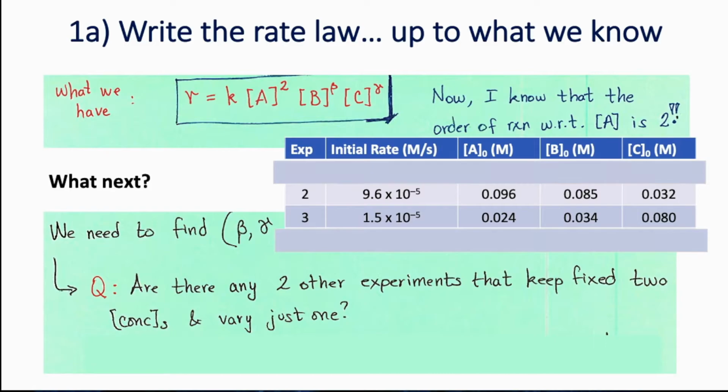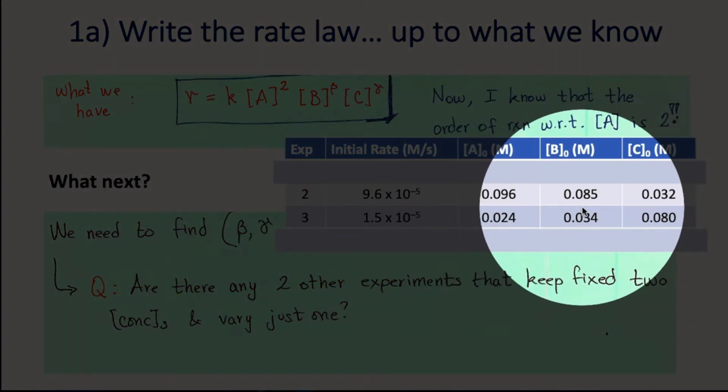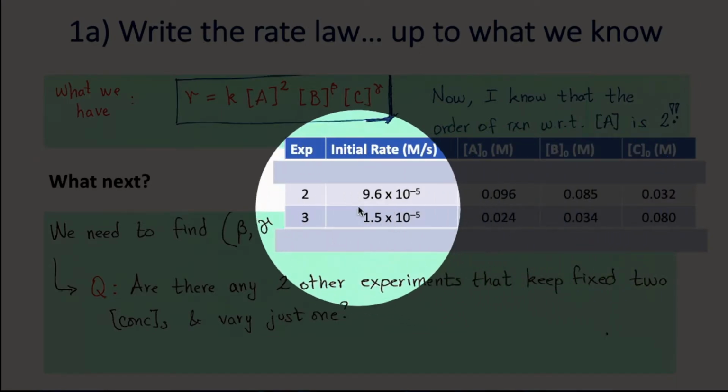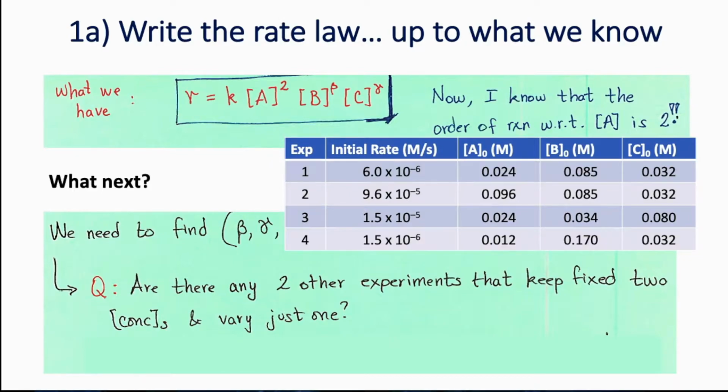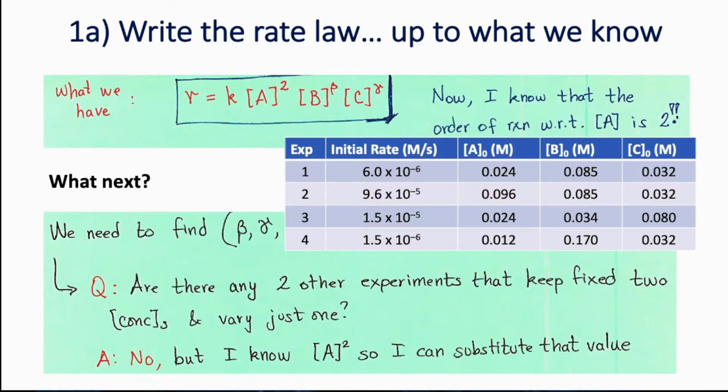Let's take another set of experiments, 2 and 3. Same idea. If you look at this, all three are changing in concentration, so the change in the initial rate, it's changing obviously, but it's hard to tell where that change is coming from. So if you look at any other combination, you're going to see that there are no pairs of experiments that will help me figure it out by keeping two of them constant.